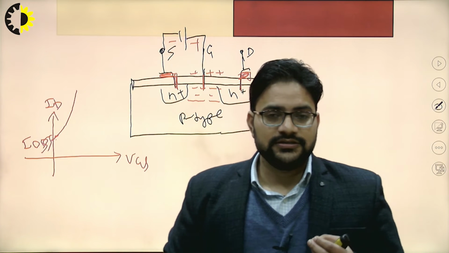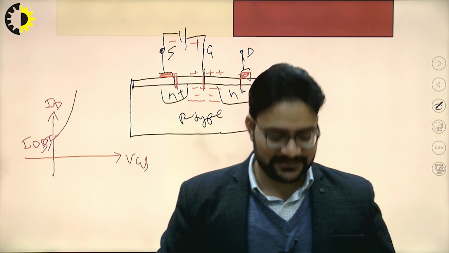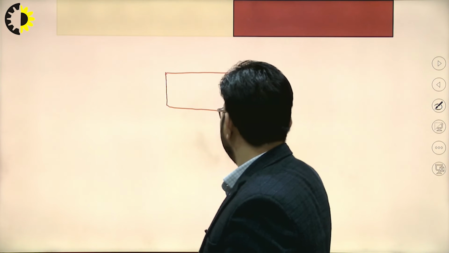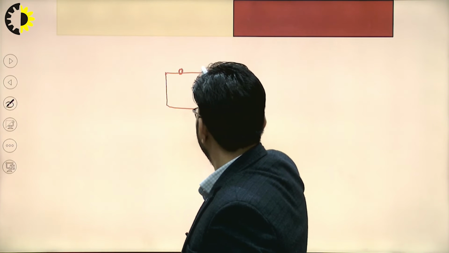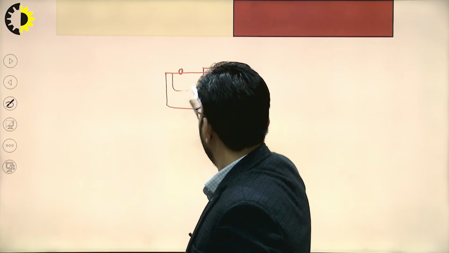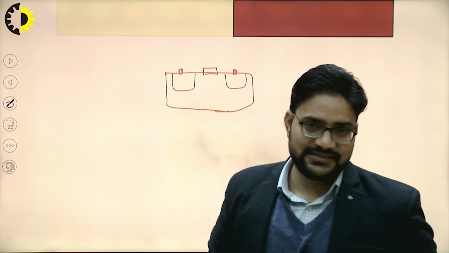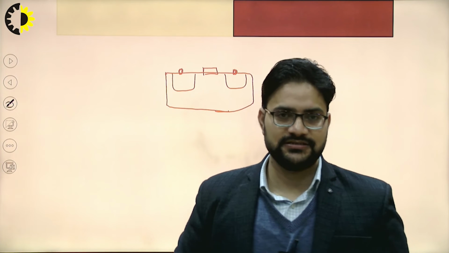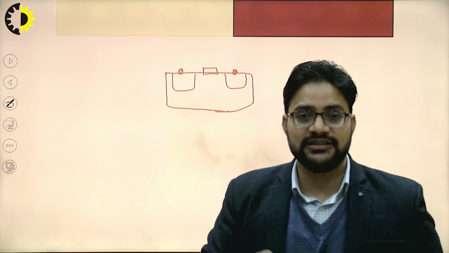Now, certain research experiments were performed and it was seen that we can replace this aluminum plate with the polysilicon crystal like this. The advantage is that it will reduce the total area required and performance is also improved by using this polysilicon crystal.